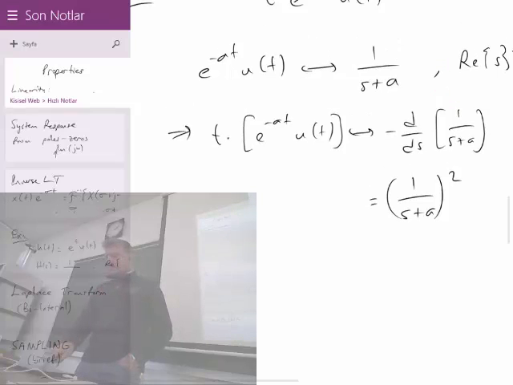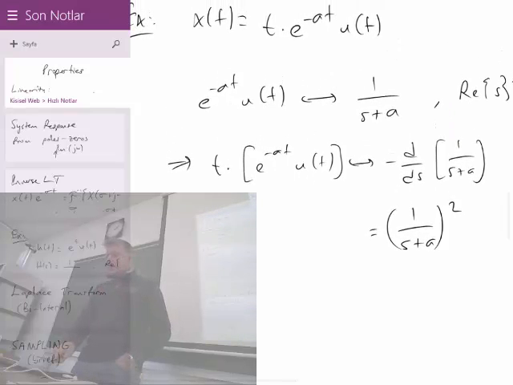In fact, the multiplication of a first order system, which is a single exponential times u of t, with a t produces 1 over s plus a squared, and it truly goes on like that. The more we multiply with t, the more exponents we take.